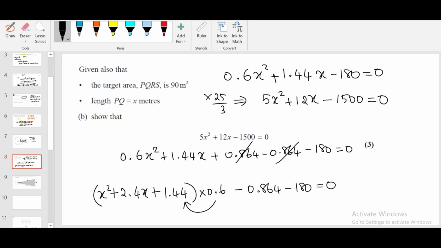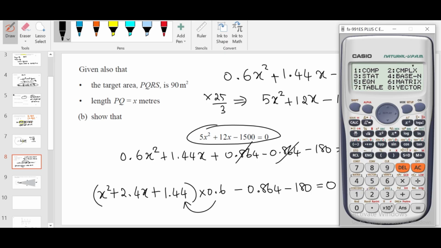So to find X, in the previous part we have a quadratic, right? Solve this quadratic and find the value of X. Shift 5, equation, 3, quadratic, 5, 12, minus 1500. The X is representing a length actually, so it has to be positive.